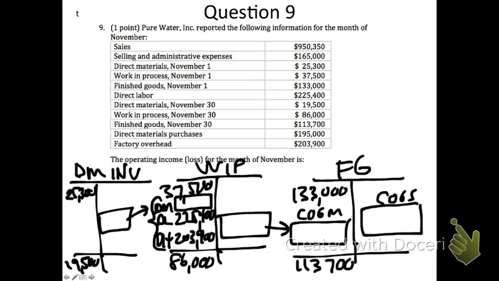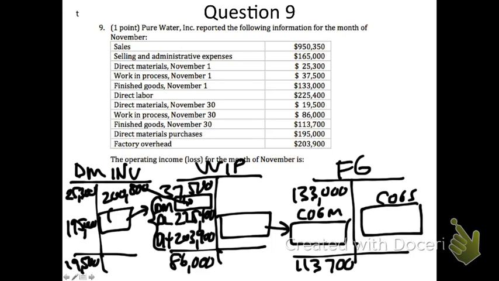And we know that material purchases was 195. It's getting a little crunched there, but hopefully you can see what I'm doing. So direct materials has to be 200,800. So that's the number that goes into our work in process T account.